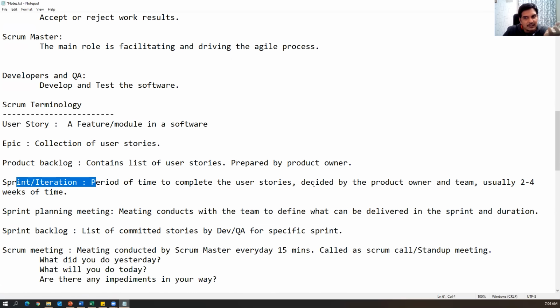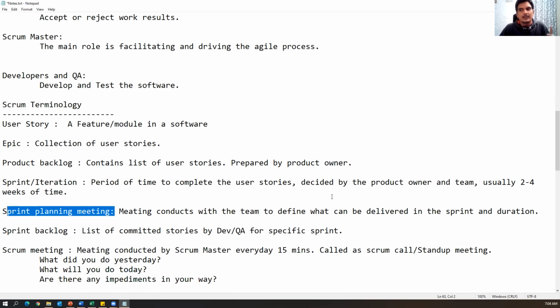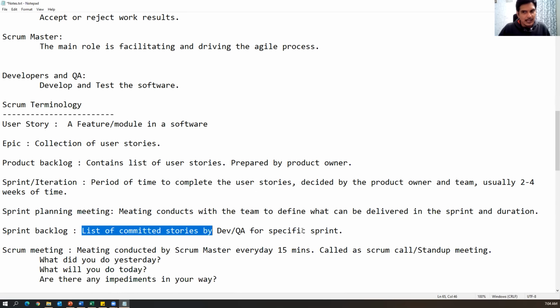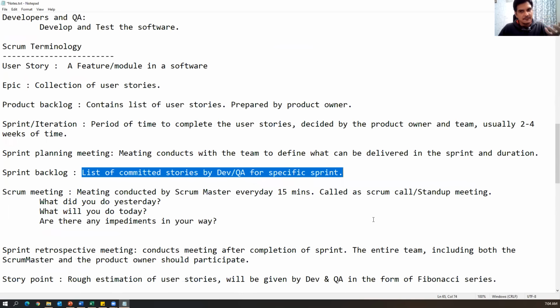The sprint cycle will be decided by the product owner along with the team, and it is usually 2 to 4 weeks. Sprint planning meeting is a meeting conducted at the beginning of the project where the team will plan the stories: what are the stories you need to develop and test during the sprint cycle? And sprint backlog contains a list of stories committed by dev and QA.